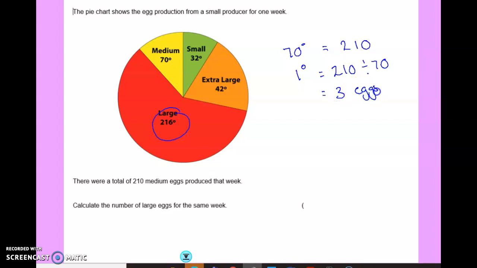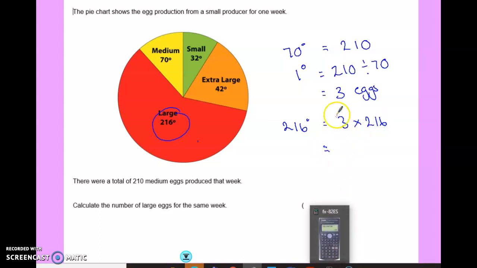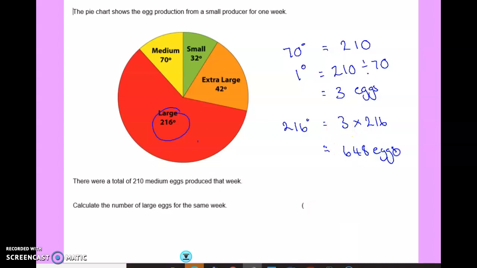So each 1 degree in my pie chart is worth 3 eggs. My large eggs have got 216 degrees. So I'm going to times it by 3. 648. So slightly different way of using the pie chart on this one.